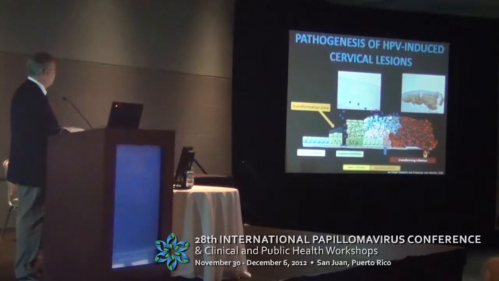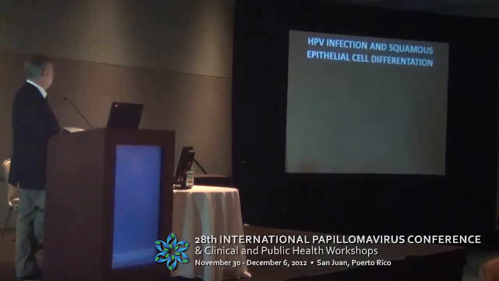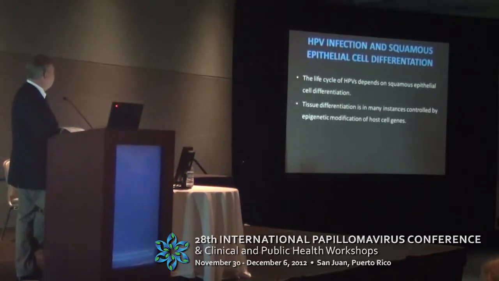Now, what is the basic mechanism that governs these phenotypes, and what happens to the HPV genome in these settings? We have seen that the HPV life cycle is clearly dependent on squamous epithelial differentiation and maturation. Tissue differentiation in many instances, and this has been shown for virtually all organs other than the skin, depends on epigenetic mechanisms that control the genes within these cells.